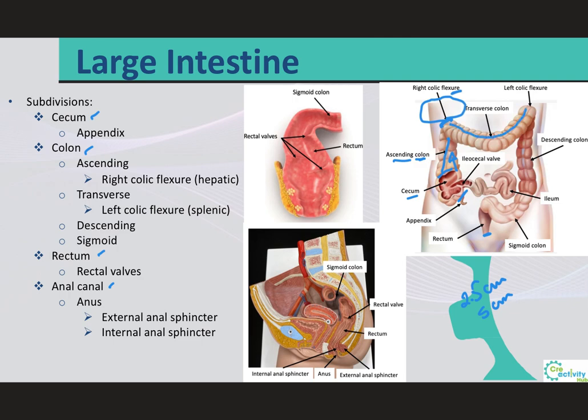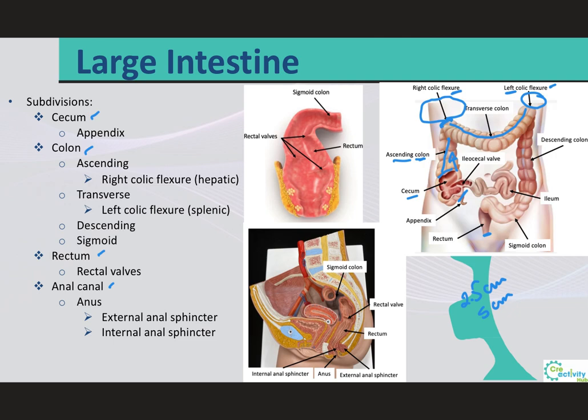Then food residue will pass through the transverse colon and travel across to the left side of the abdomen, where the colon will angle sharply immediately inferior to the spleen at what we call the left colic flexure, which can also be called the splenic flexure, as it's located right under the spleen.